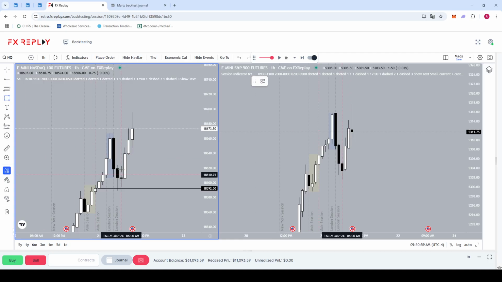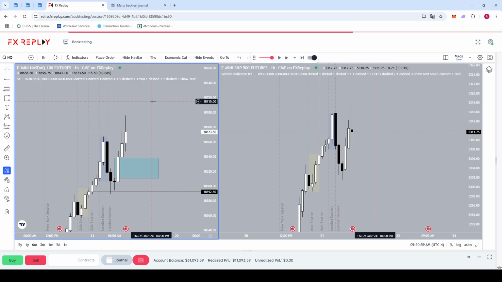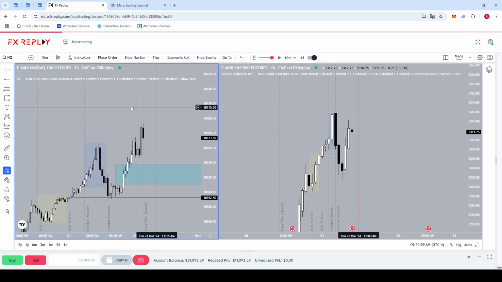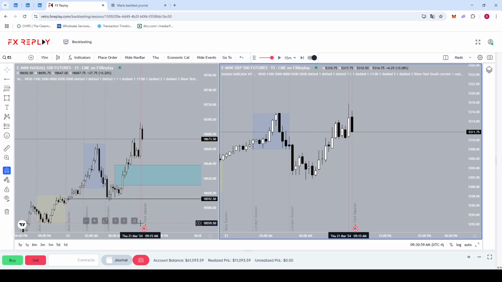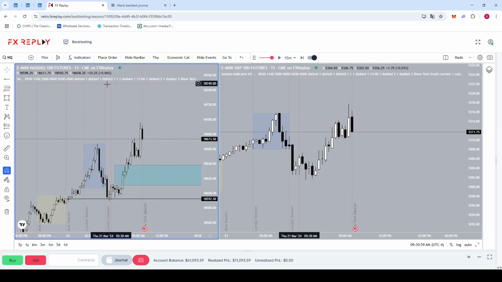London makes the low of day potentially, stabilizing midnight open, projecting higher. We have PMI.